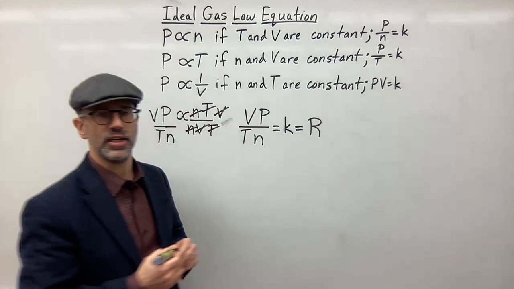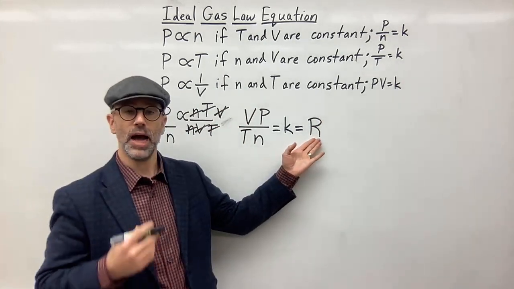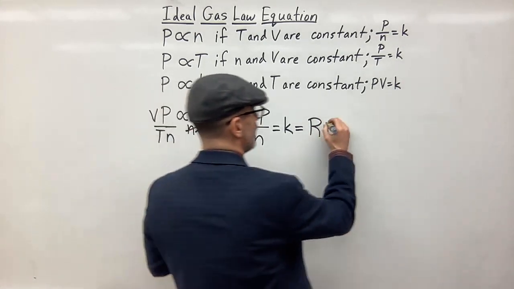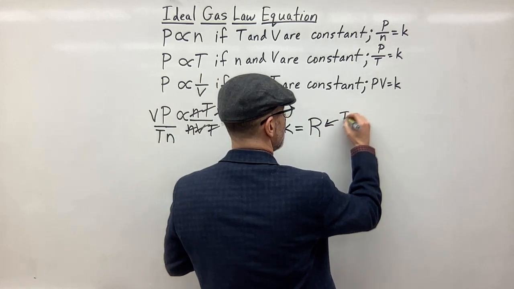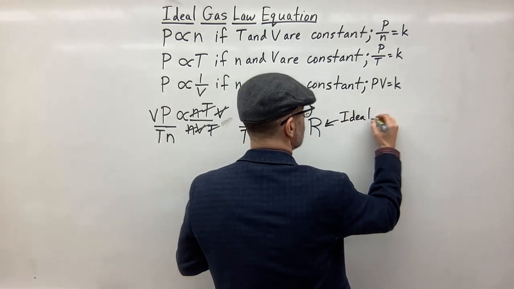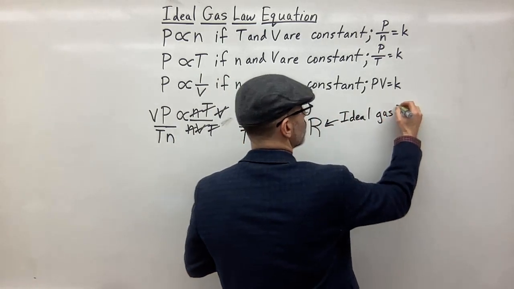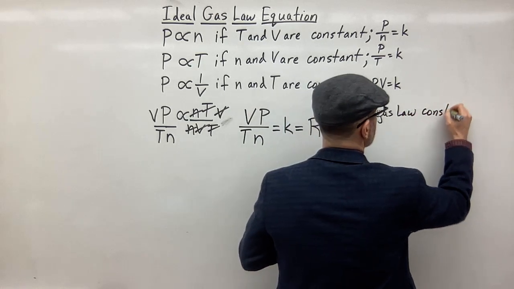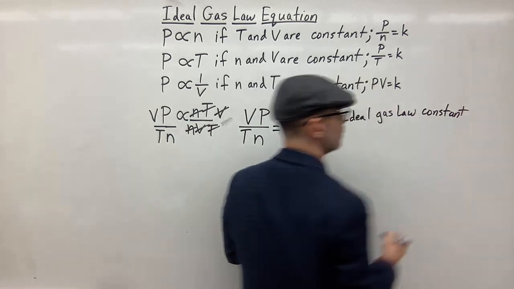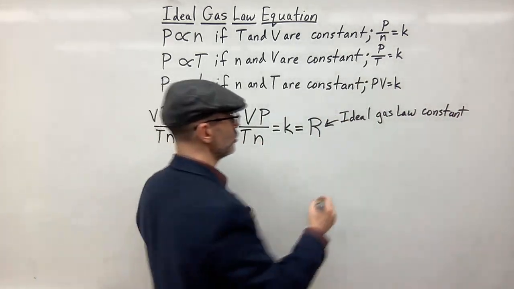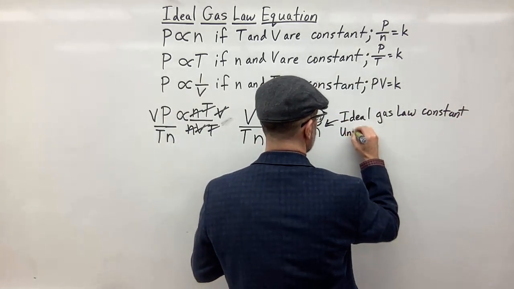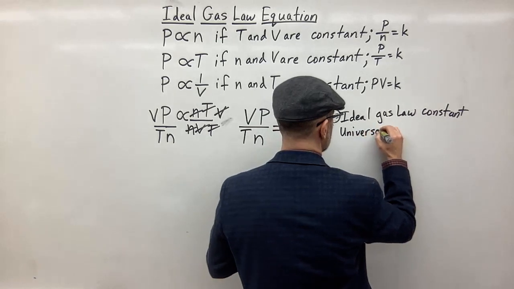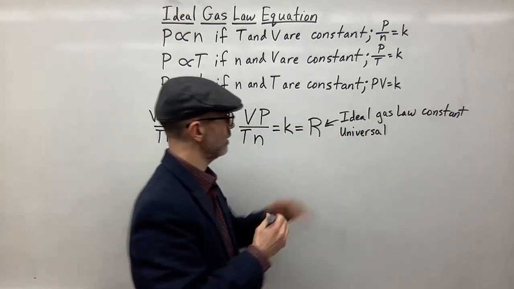It's given the symbol capital R, and this is the ideal gas law constant, or it's also referred to as the universal gas constant.